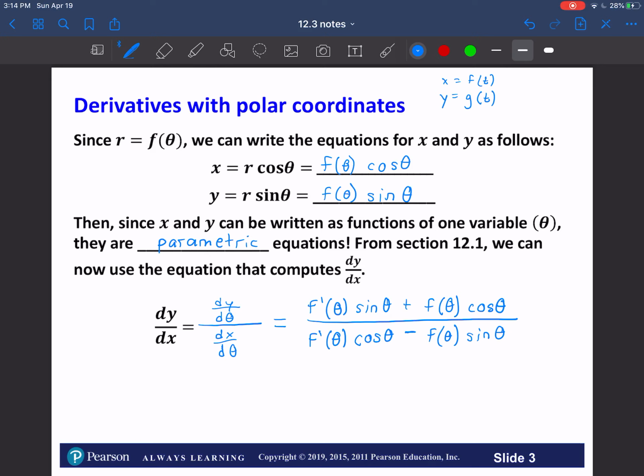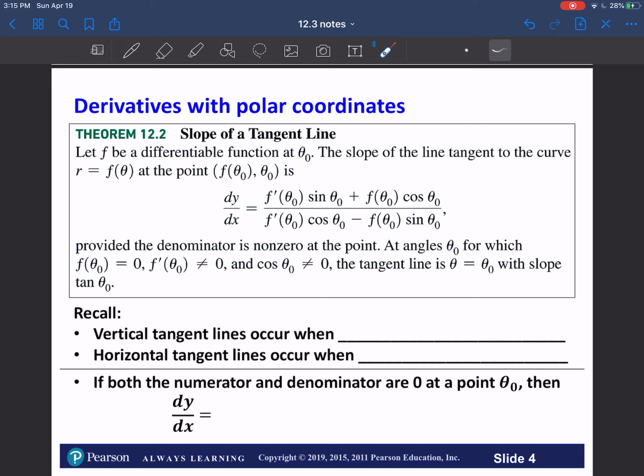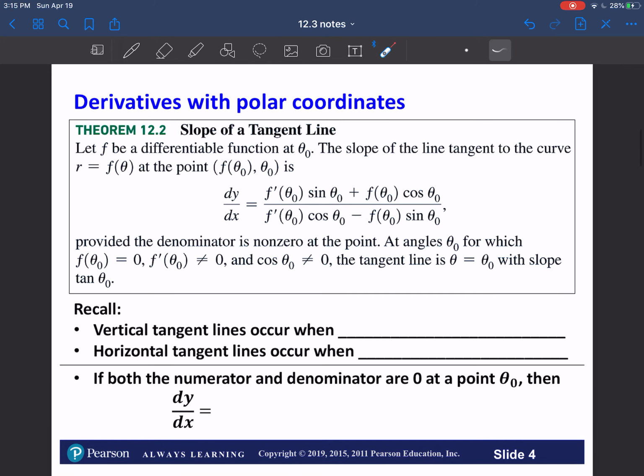And so this is the formula that will give us the derivative, or the slope of the tangent line, at any point theta. All right. So with that in mind, let's look at the book's definition.